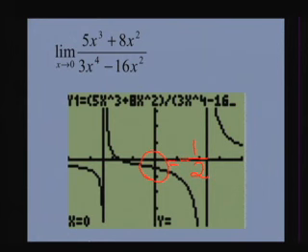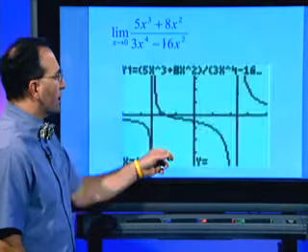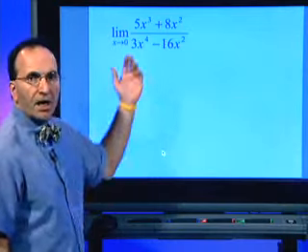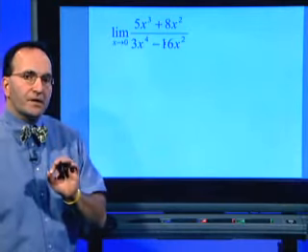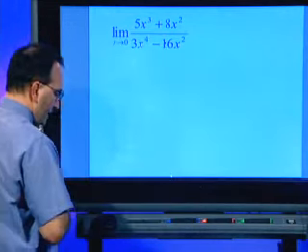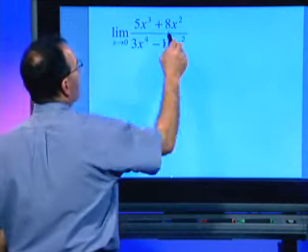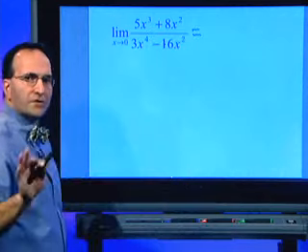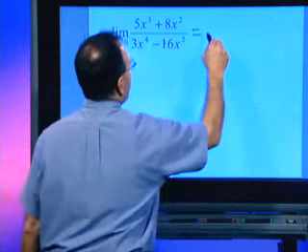And the question will be now, what happens when we look at this algebraically? So let me switch to here, and let's work with this problem to see. So the first thing I can do here is to factor both the top and the bottom.